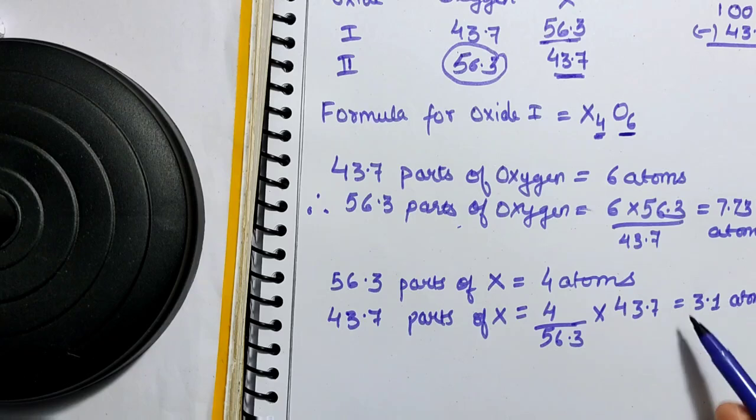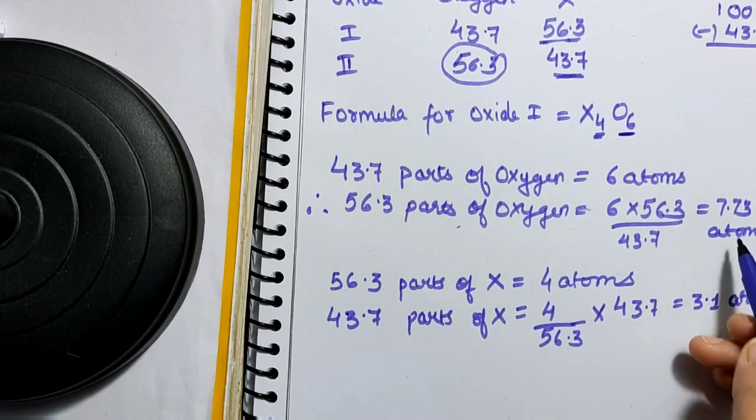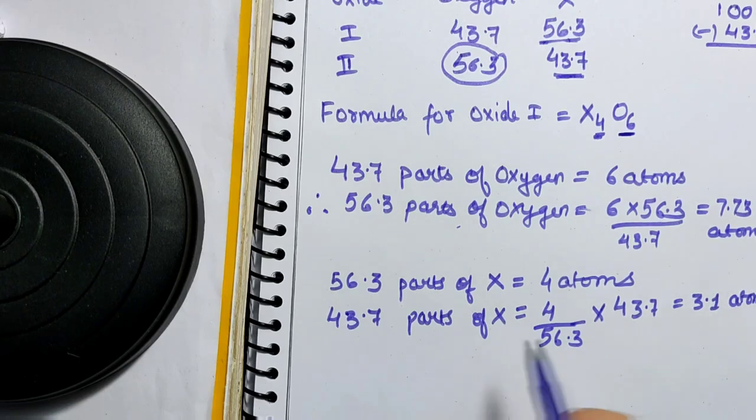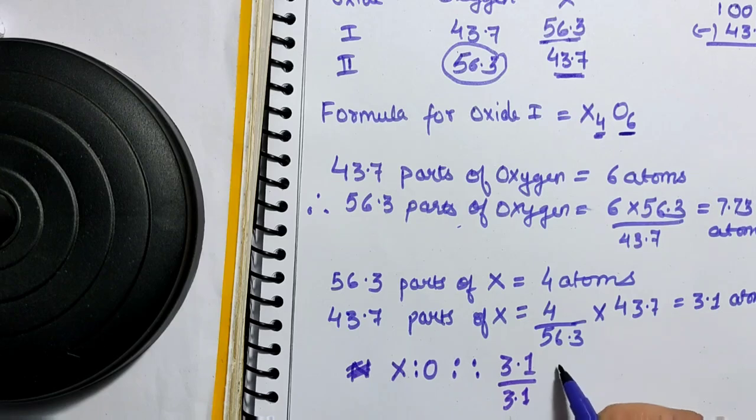Now, since we know that to find the empirical formula we divide each value by the least value, the least value here is 3.1, right? So we will divide both the numbers of atoms found here by the least value. So the ratio of X to O is proportional to 3.1 divided by 3.1, and 7.73 divided by 3.1.